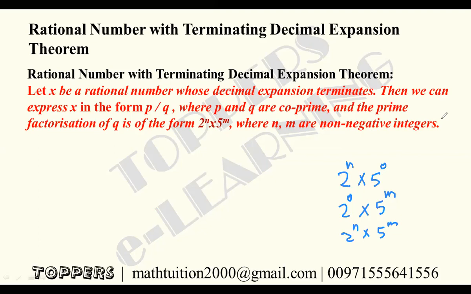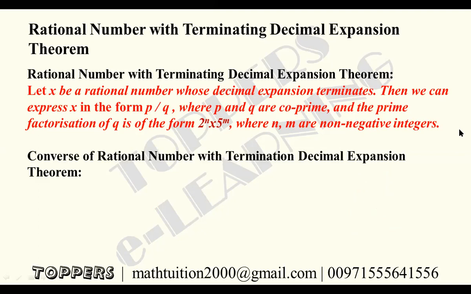Other than these 2 and 5, no other prime numbers will be there in the denominator. If there is, then it is not a terminating decimal expansion; it will be a rational number with non-terminating but recurring decimal expansion. So this is the method by which we can check the nature of the decimal expansion of a rational number. Clear?